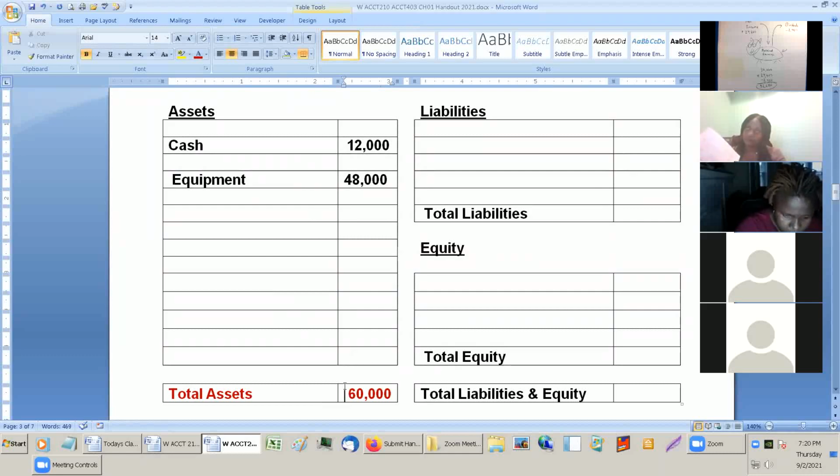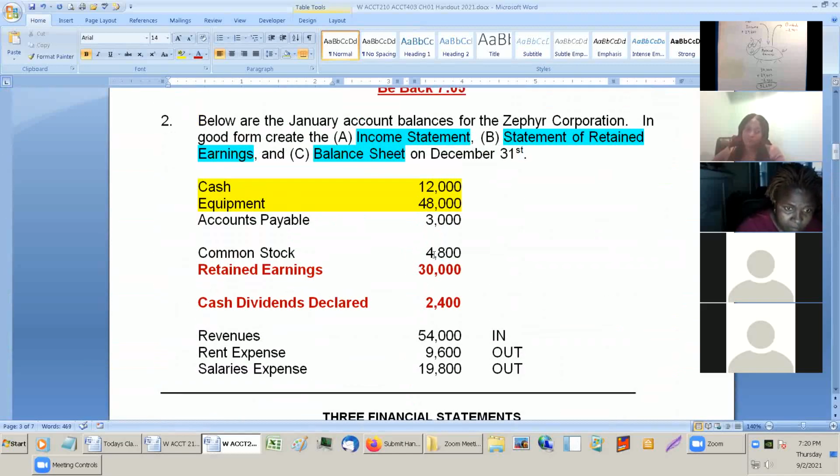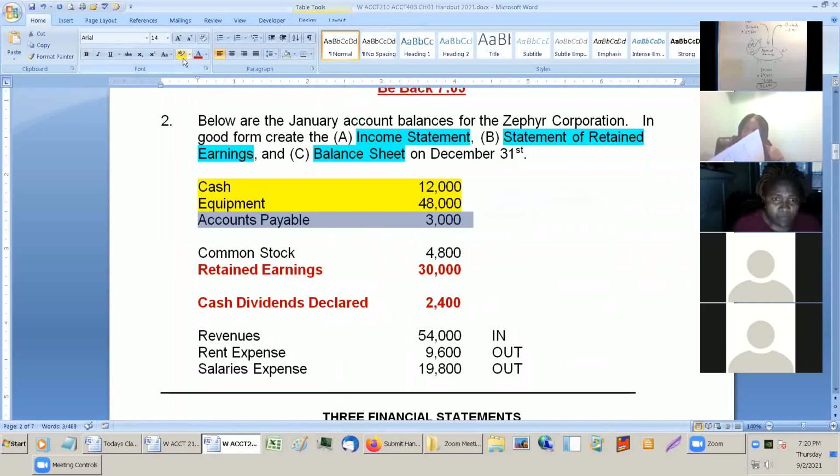The question is, how did we get it? Cash and equipment just doesn't appear out of nowhere. It's got to come from someplace. The question is, where did it come from? Okay, well, one of the places it came from is that we actually borrowed some money here. That's good.